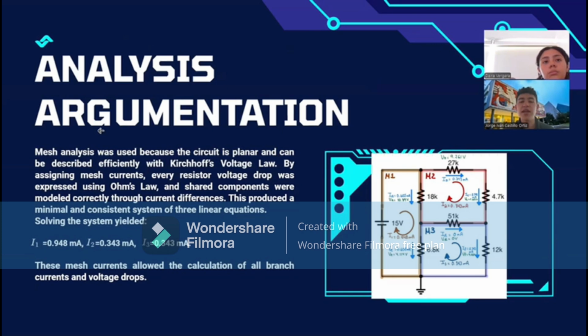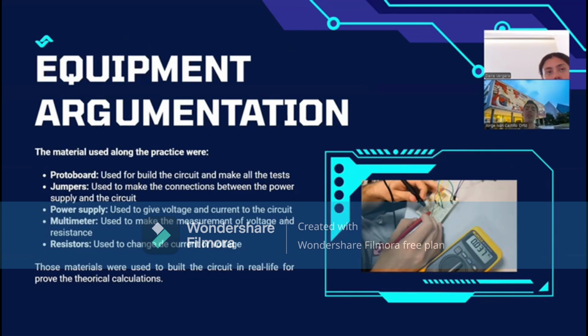current for each mesh. Now for the equipment implementation, the material that we used a lot in this practice was the protoboard, used to build all the circuits and make this type of test. Then the jumpers, the cables we use to make the connection between the power supply and the protoboard. Later we use a power supply of 15 volts to power the whole circuit on the protoboard.